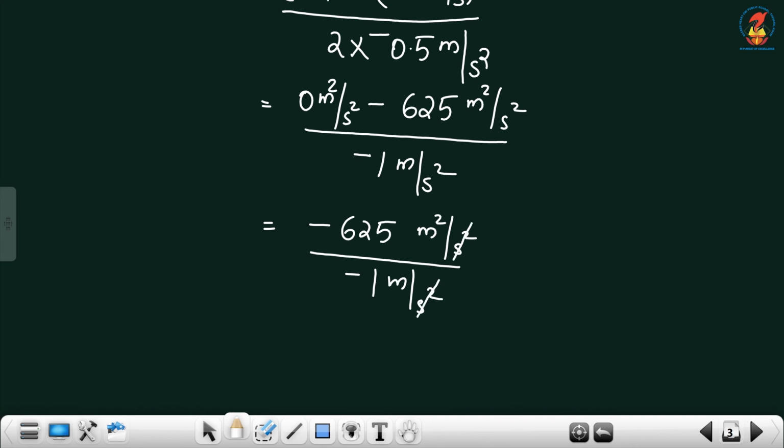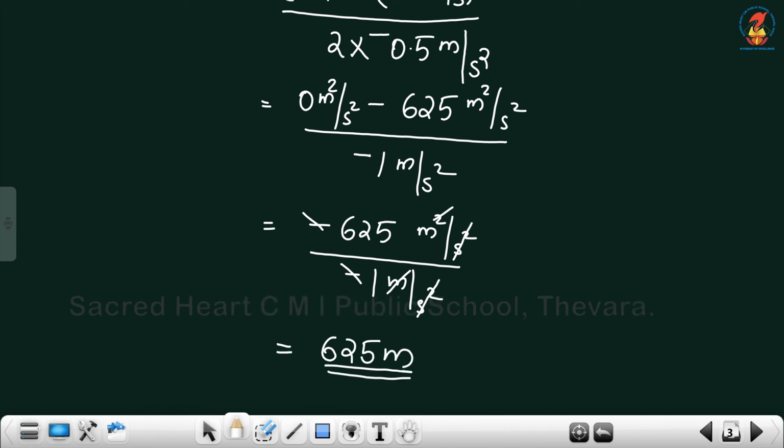So, this second square and this second square will get cancelled. This meter and meter square, 1 meter will get cancelled. This minus sign and this minus sign will get cancelled. Now, what's remaining? 625 meter.